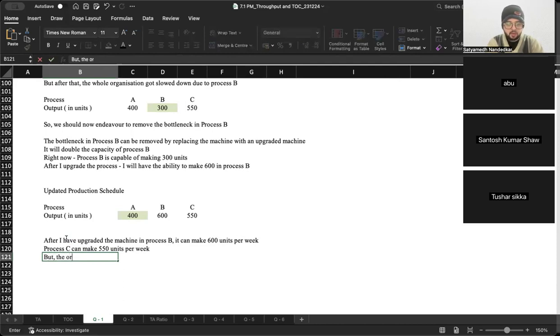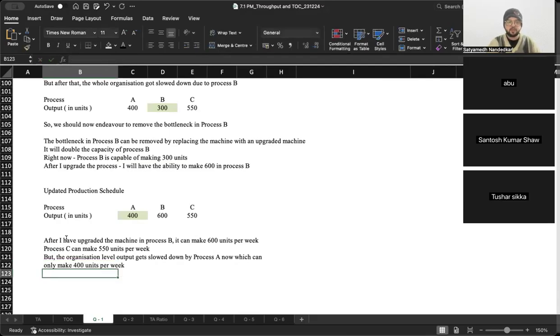But the organization level output gets slowed down by process A now, which can only make 400 units per week.